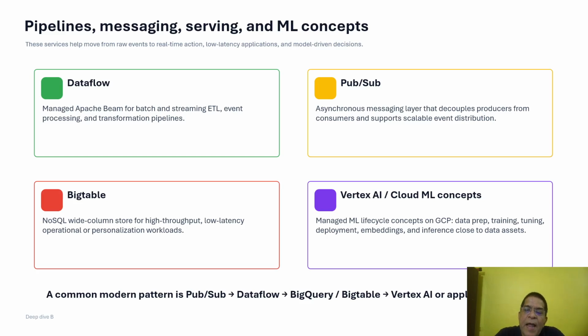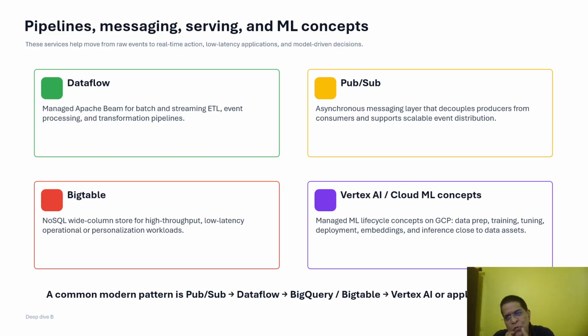And then Vertex AI, a cloud ML concept. We will not use Vertex AI itself, but you will be using APIs for this managed ML lifecycle concept. But I will take you through Vertex AI, because that is the development platform. Vertex AI is for development of agents and LLMs and then going for agentic AI processing and all those things.